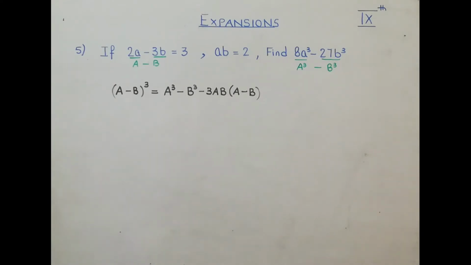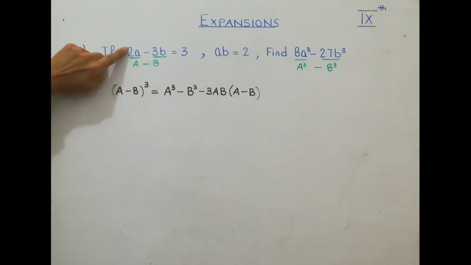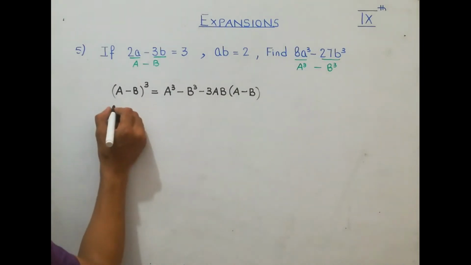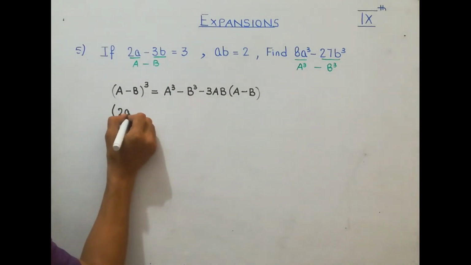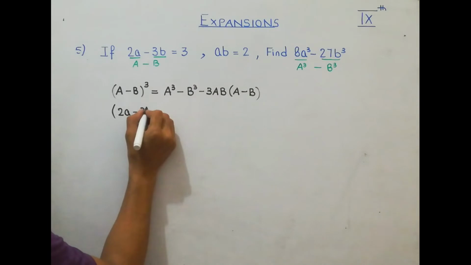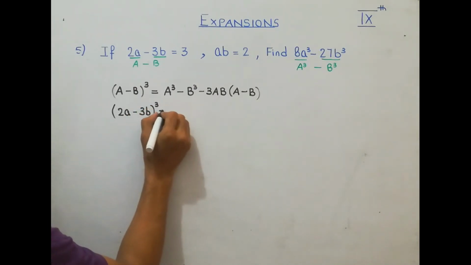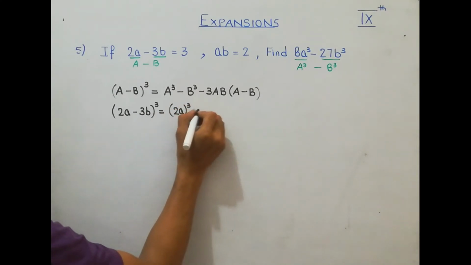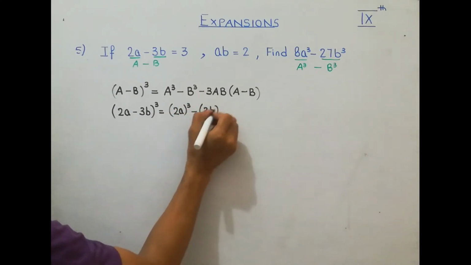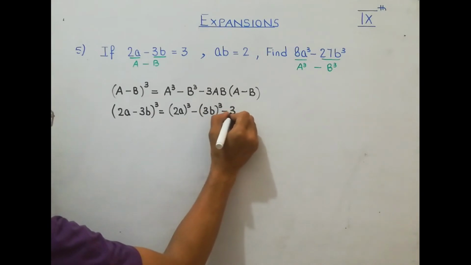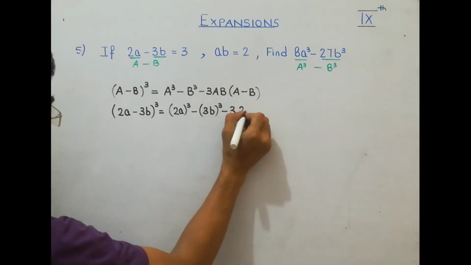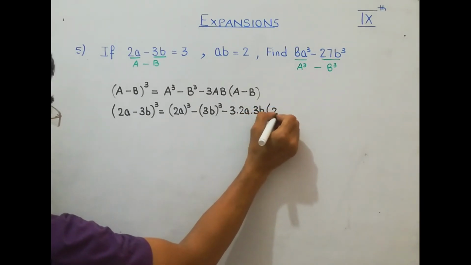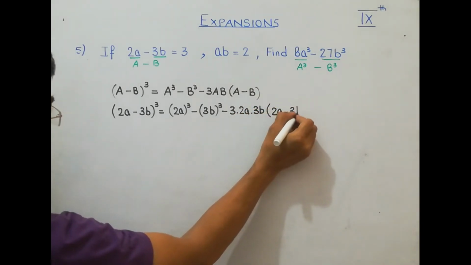So let us replace here. See, A to be replaced by 2A and B to be replaced by 3B. So in this formula, let's replace it. (2A minus 3B) whole cube.